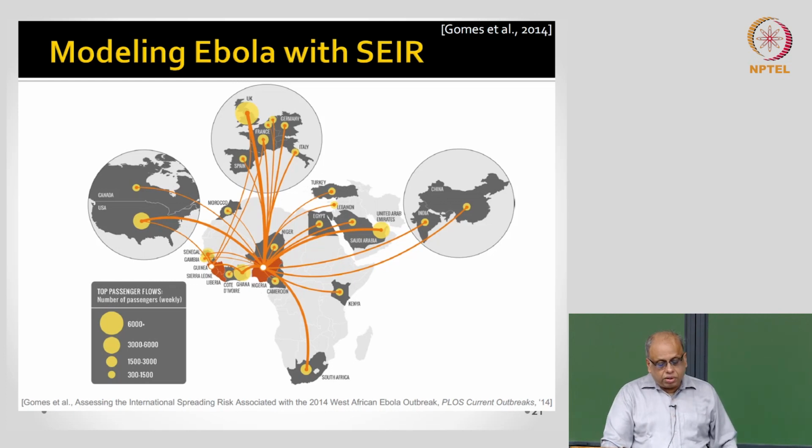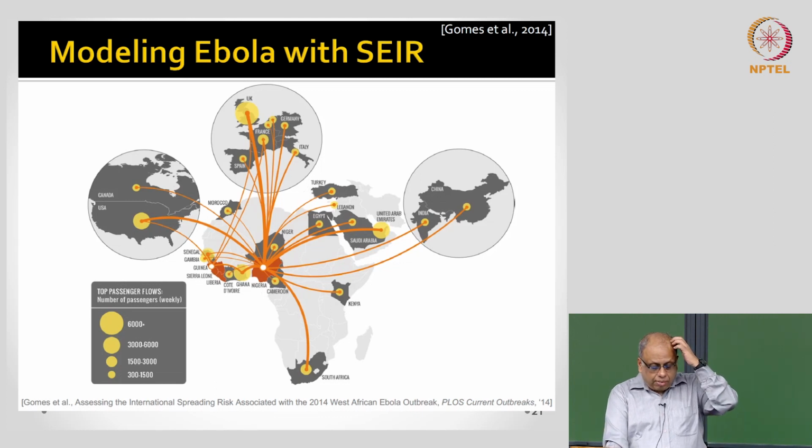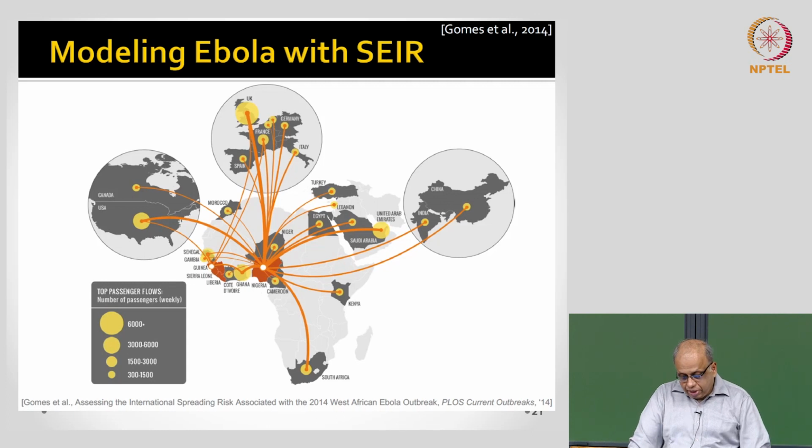But people have also tried to use a model and see how it works on an actual disease. For example, this is a paper which looked into the Ebola virus that I think was common in Africa during the 2010 to 2015 time frame. They tried to use the SIR model to model how the disease was spreading through the continent.